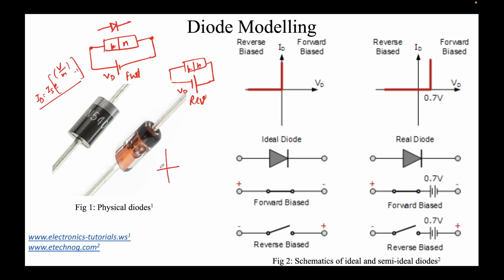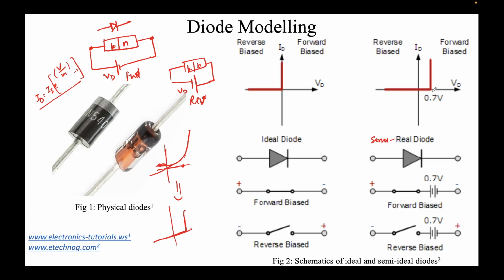It will rise something like this. Since the rise is very exponential here, we just model it something like this, which is drawn over here. This is sometimes called a semi-real or semi-ideal diode.